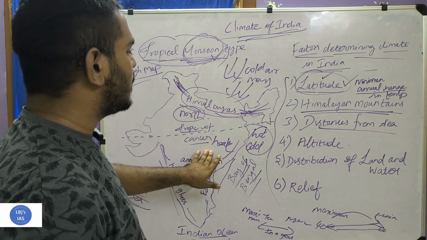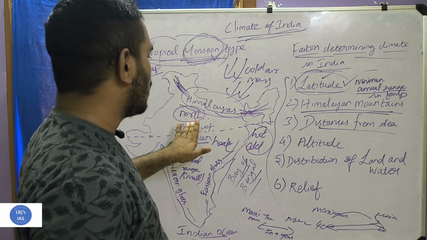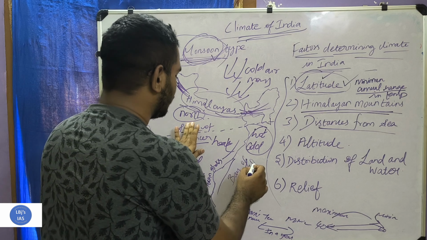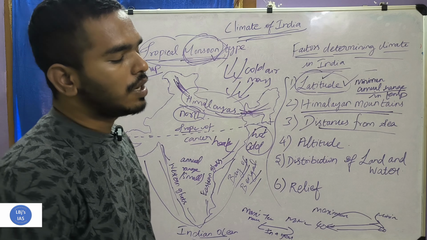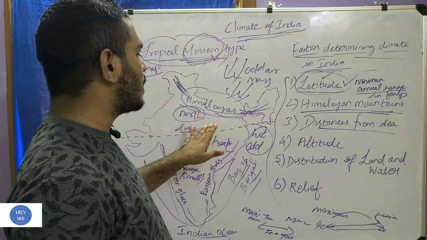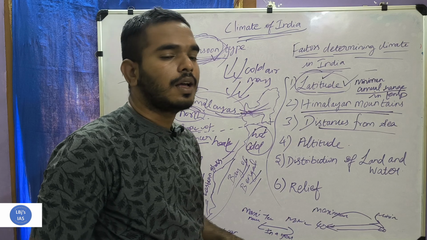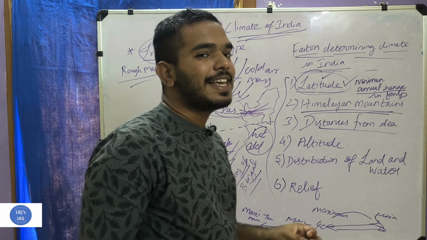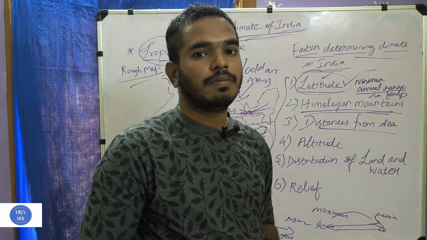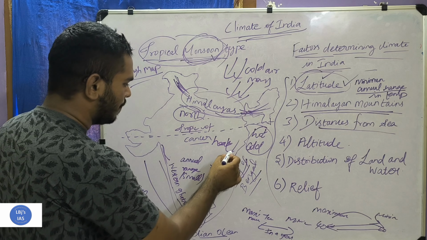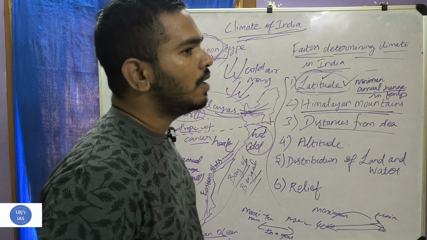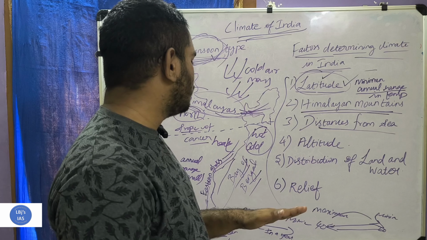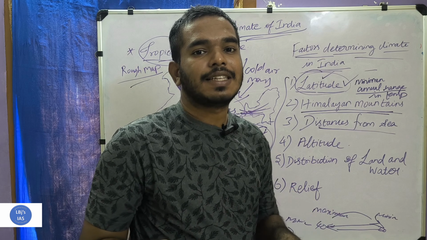So the regions that lie very far away from the sea, as we know India is surrounded by sea water on three sides, will have an extreme climatic condition. Regions which lie close to the sea water will have a minimum level of temperature extremity.